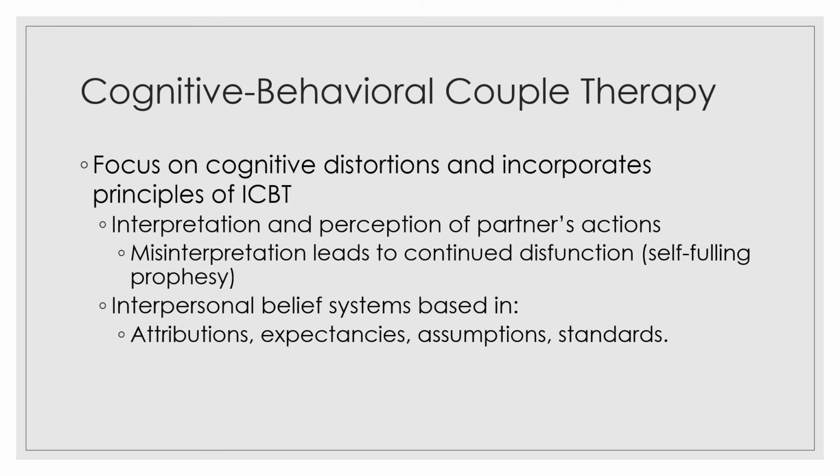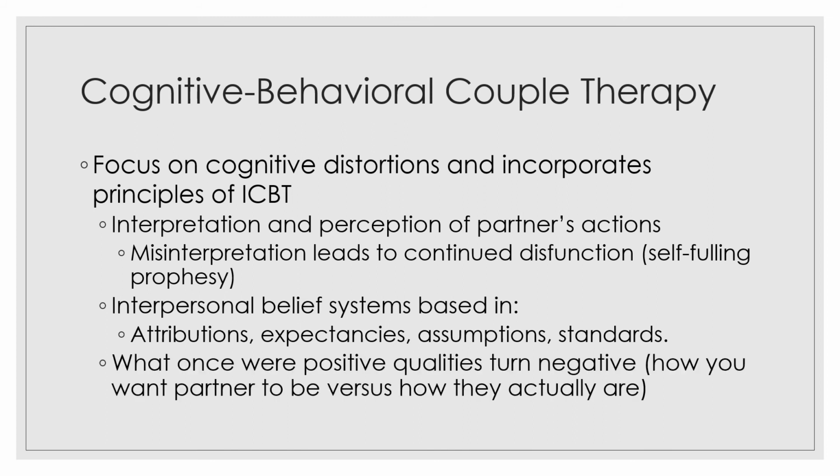We have our own internal personal belief systems on the type of person that we are, how we look, how we act, how we take care of things, all of those sorts of things. And all of those interpersonal belief systems play a role in us interpreting and misinterpreting the actions that we do and the actions of our partner.